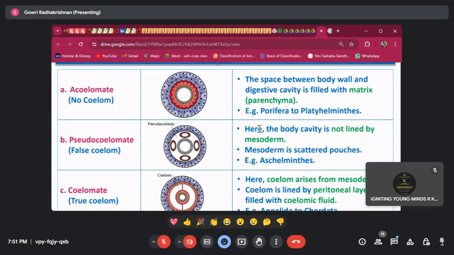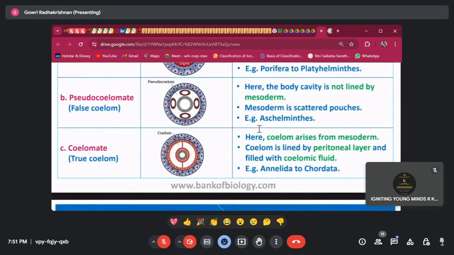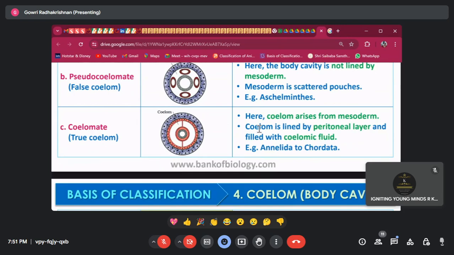Then pseudocoelomate is called the false coelom. Here the body cavity is not lined by mesoderm. The mesoderm is in scattered pouches. There is Aschelminthes; in that phylum, it is like that.